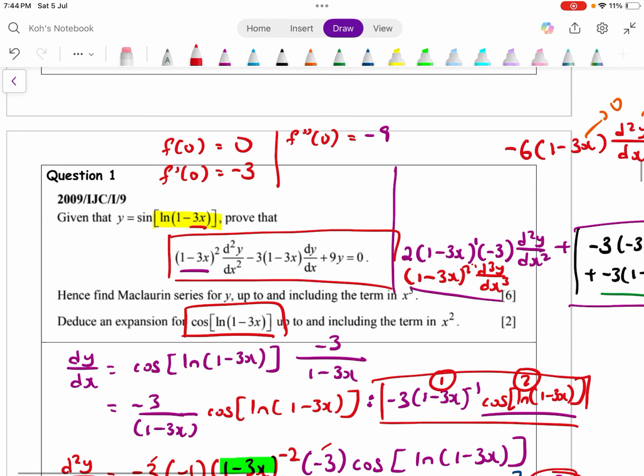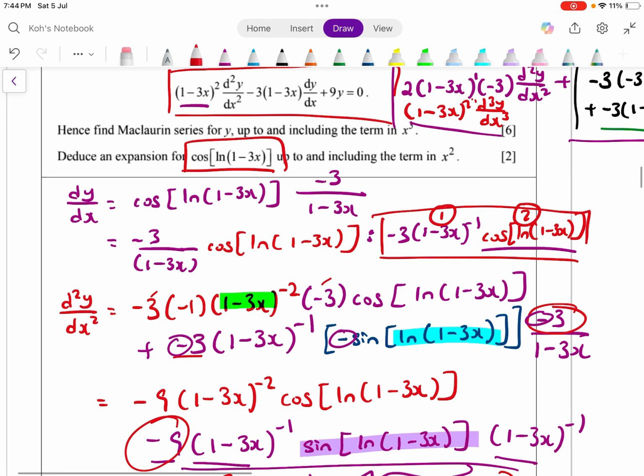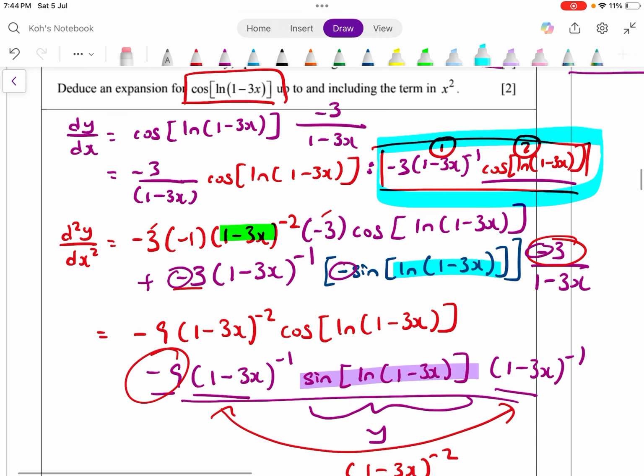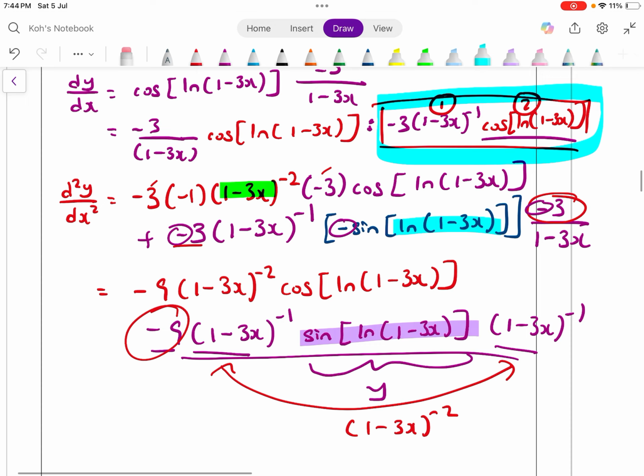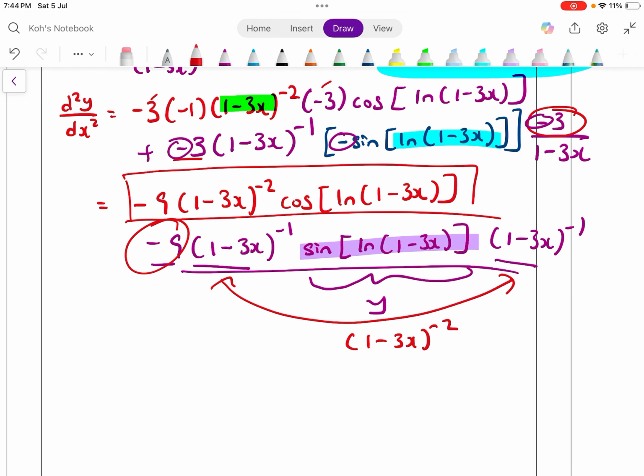So okay, then I want the dy/dx, right? So dy/dx is this form. So negative 3, 1, so and so forth. So I can actually extract from here. So from this part, I will get something to be 3. So I extract out the 3. So I extract out one of the (1 minus 3x) to the power of minus 1.